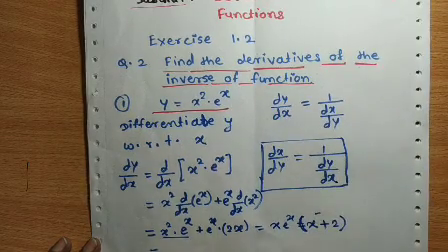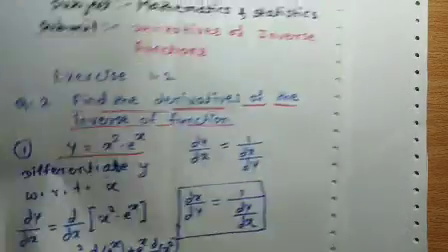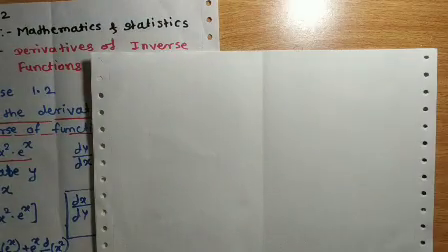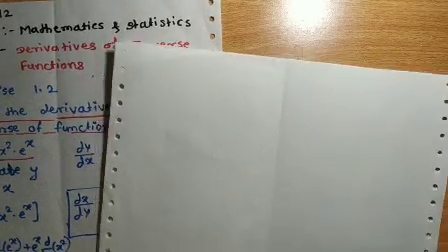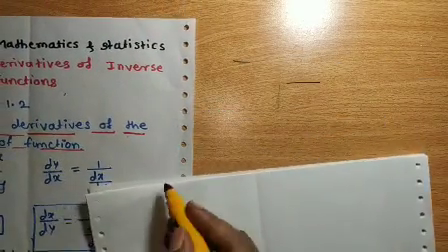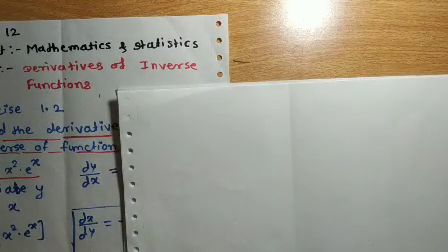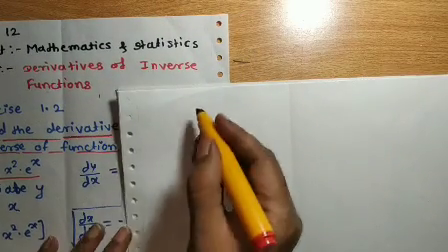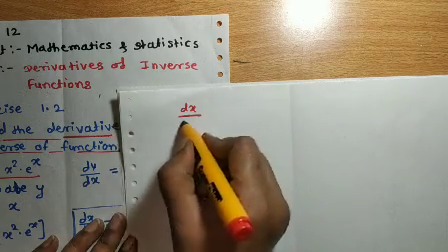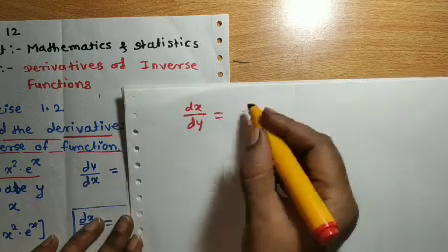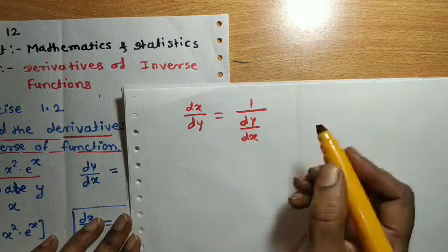But we have to find the inverse of this function. Therefore, by using the formula, dx upon dy is equal to 1 upon dy by dx.